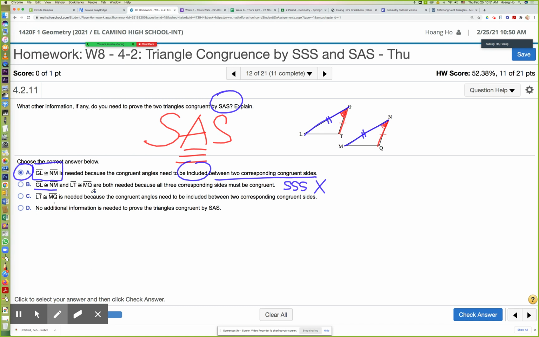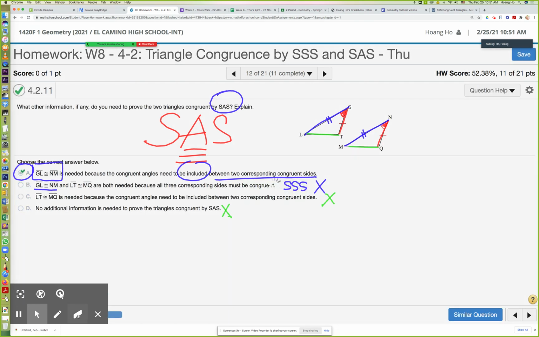LT congruent to MQ alone is also incorrect, because the angle needs to be included. And no additional information needed to prove the triangles congruent by SAS is also wrong. We need two pairs of corresponding sides congruent, and the included angle also congruent. So option A is correct.